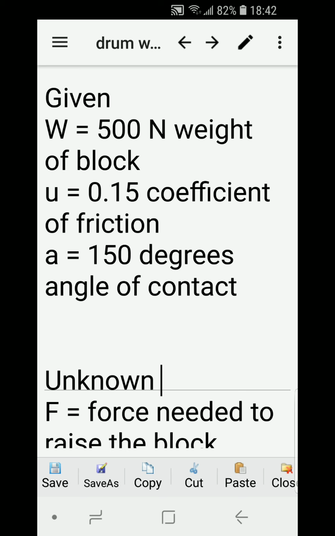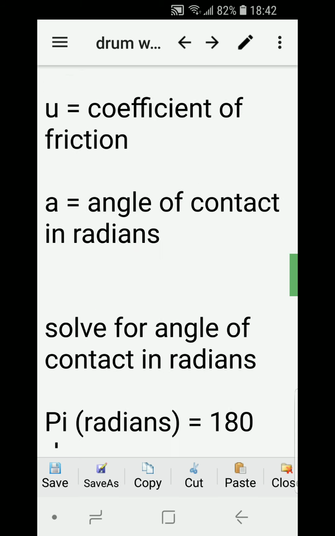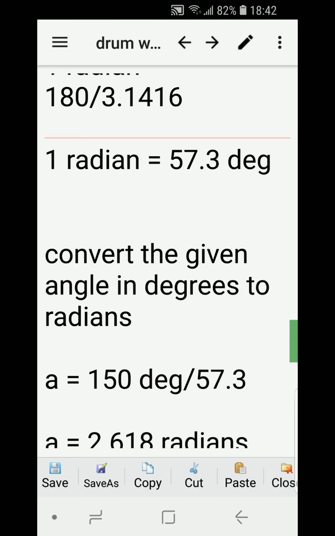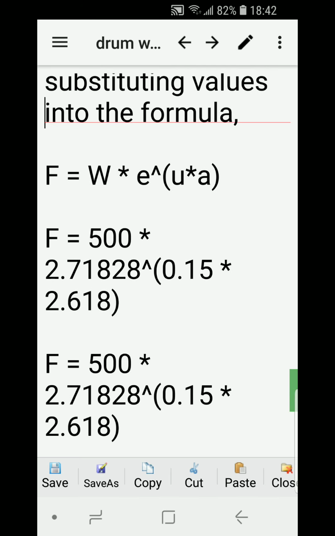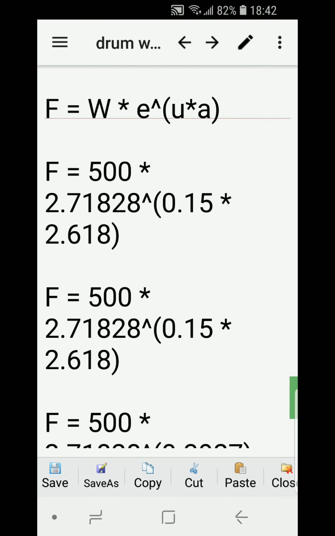W, we have 500 newtons. U is 0.15. Going back to the formula, we substitute the values and solve for F.